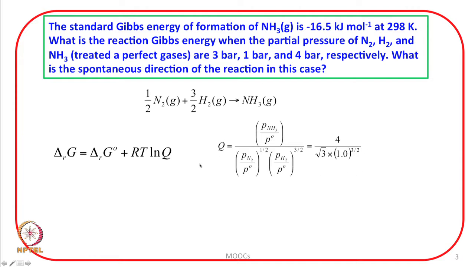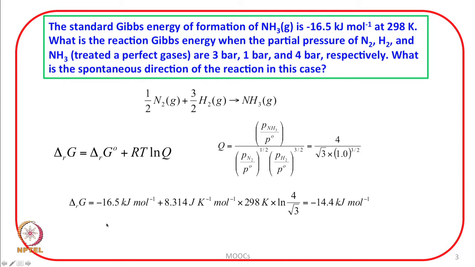Once you substitute, you have the value of Q. Now, I will substitute the values of delta R G naught and Q into this equation. Delta G is equal to delta G naught plus RT log Q. The value comes out to be minus 14.4 kilojoules per mole.